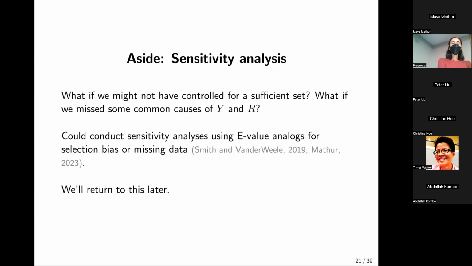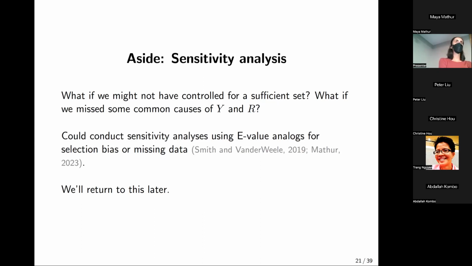Okay, so what if we might not have controlled for a sufficient set? Maybe we didn't actually measure all the common causes. Some of them aren't available in our data set, or we have limited substantive knowledge, and so we can't think of them all. So I think arguably it makes sense to follow up this kind of approach with some sensitivity analyses, just as we might do for confounding, right?